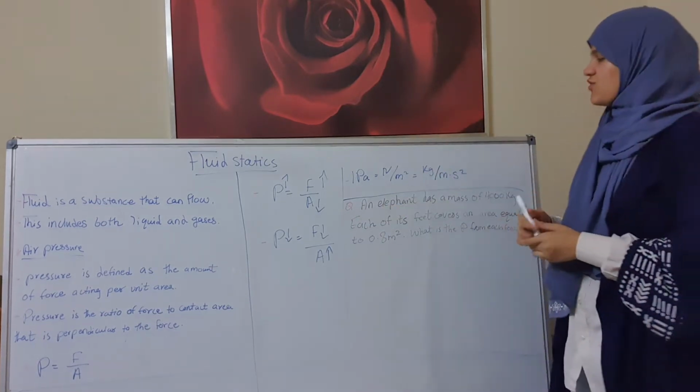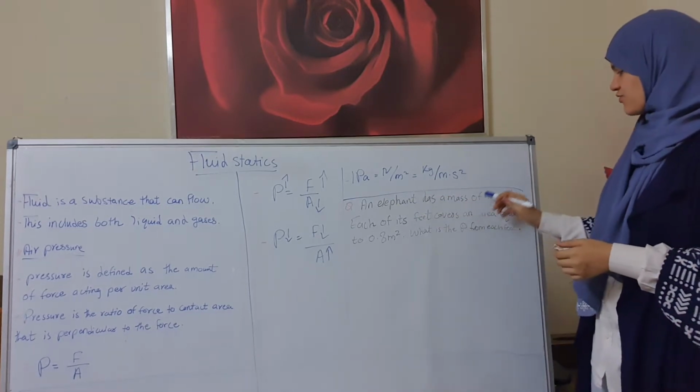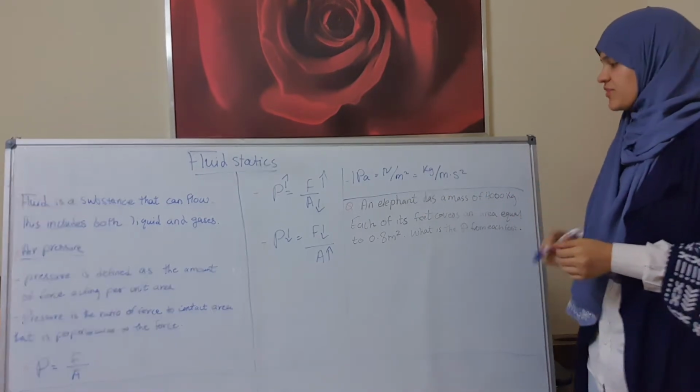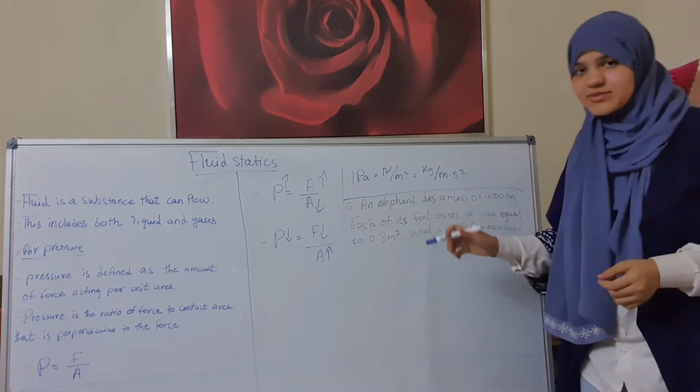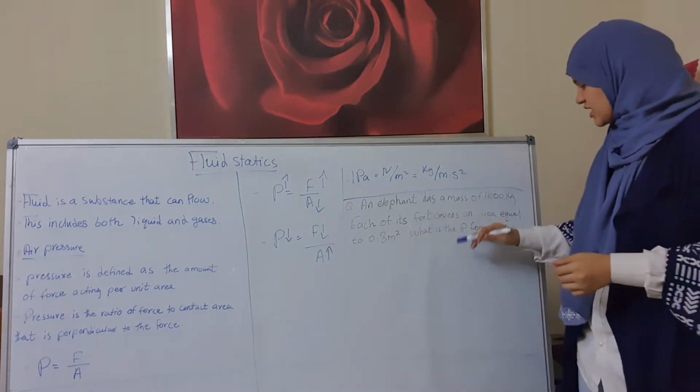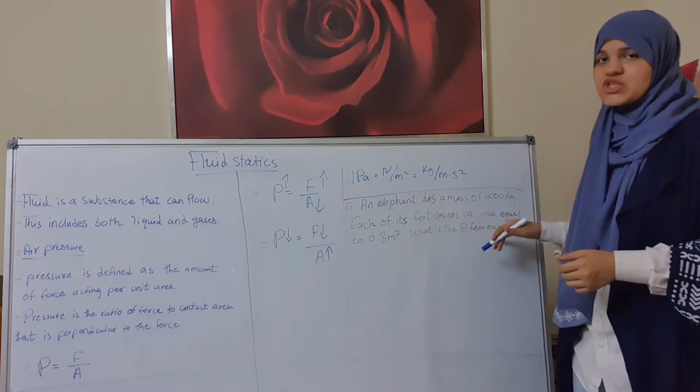Now here is an example to show how to use the formula of pressure. An elephant has a mass of 4,000 kilogram. Each of its feet covers an area equal to 0.8 meter squared. What is the pressure from each foot?